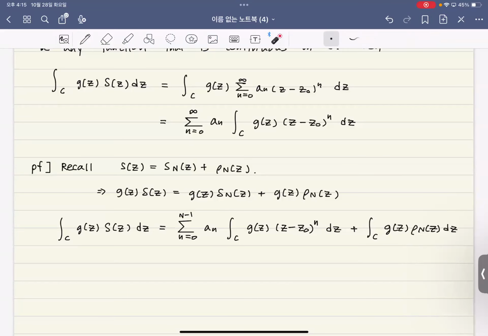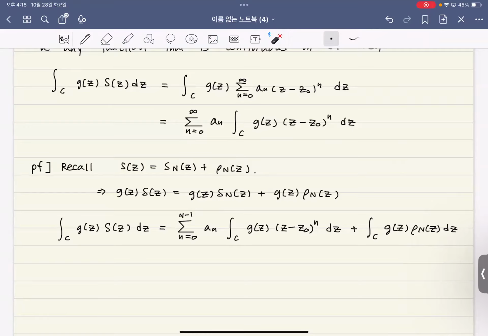As n goes to infinity, I want to show that this tends to 0. How can I do that? Maybe by using the ML inequality.